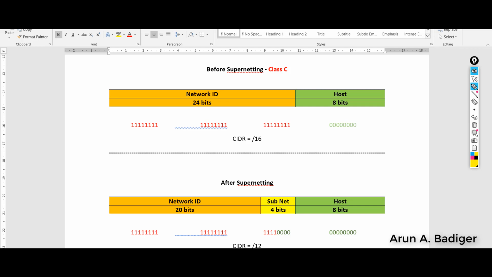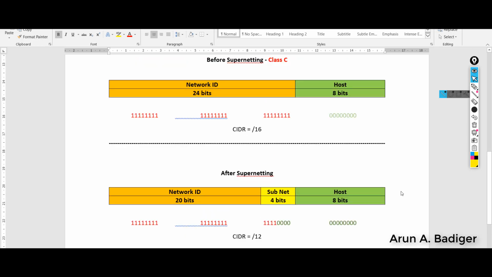What we can do is combine 2 or more class C networks together to create a supernet. Here in this diagram, we have taken 4 extra bits.